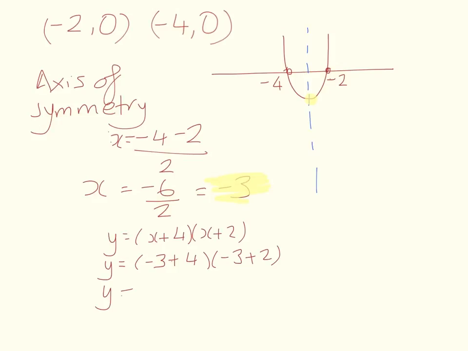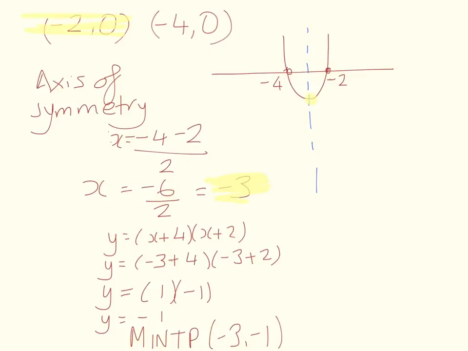So minus 3 plus 4 is 1. Minus 3 plus 2 is minus 1. So my y coordinate is going to be negative 1, which means that my minimum turning point is going to be (minus 3, minus 1).